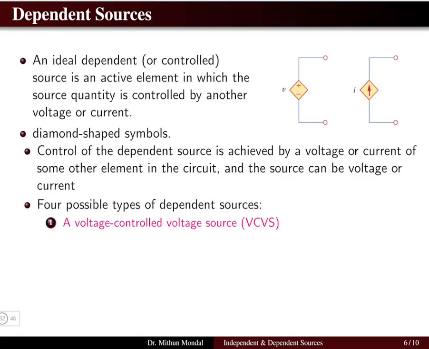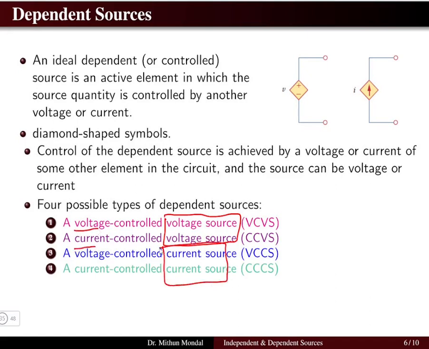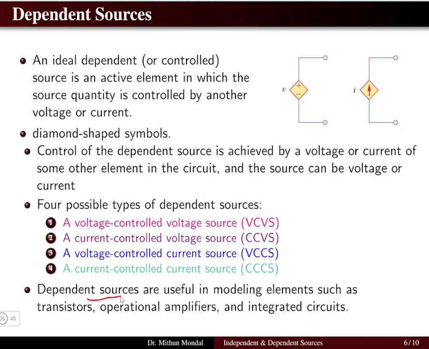Either it can be a voltage controlled voltage source, current controlled voltage source, voltage controlled current source, or current controlled current source. So the voltage sources can be either voltage controlled or current controlled, and the current source can again be voltage controlled or current controlled. Dependent sources are useful in modeling elements such as transistors, operational amplifiers, and integrated circuits.